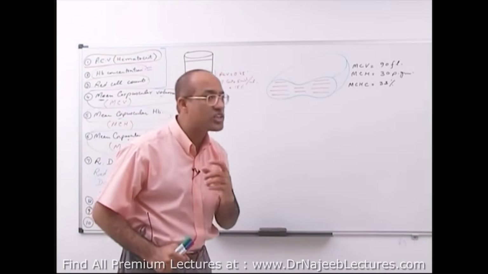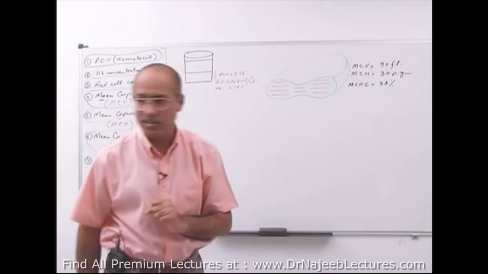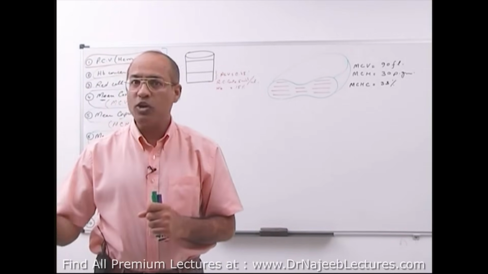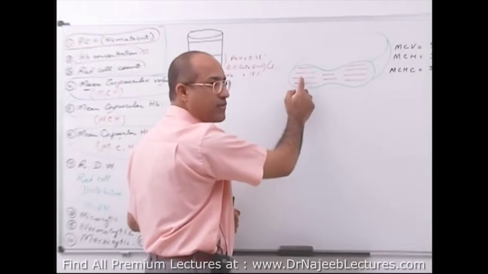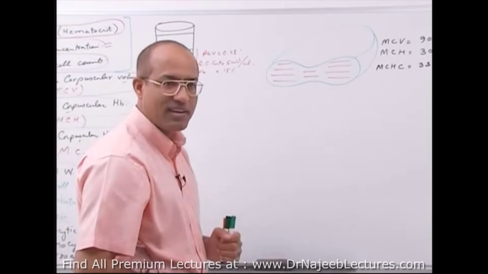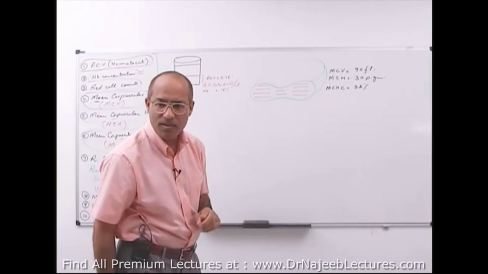So hemoglobin is which color? Red. Thank you for knowing it. He knows that hemoglobin is red colored, and he also knows hemoglobin is more on the periphery of the cell and less in the center. So the red color will be more on the periphery or more in the center? Periphery.